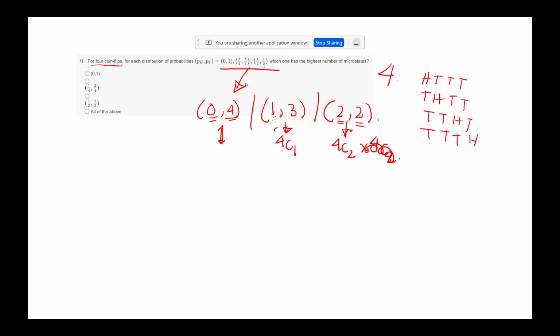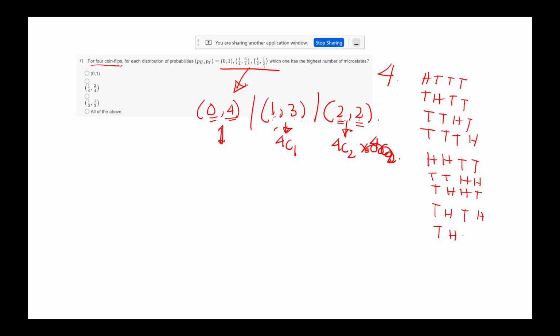Now here, two heads can happen in 4C2 ways, right? Two heads out of four: tail, tail, head, head; head, head, tail, tail; tail, head, tail, head.